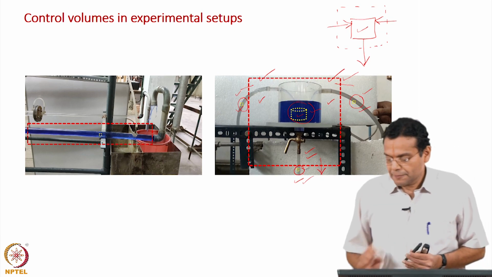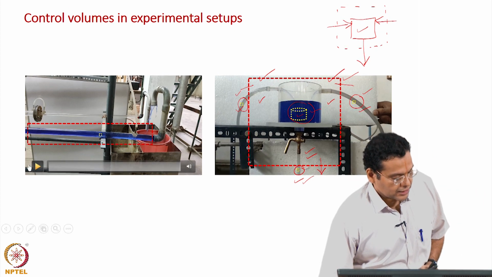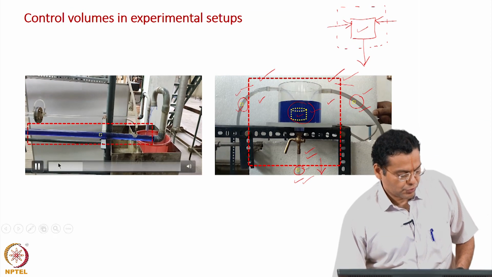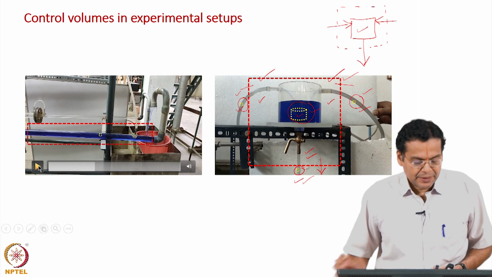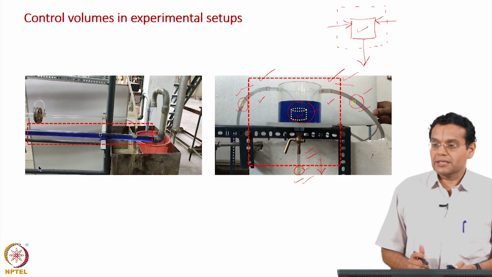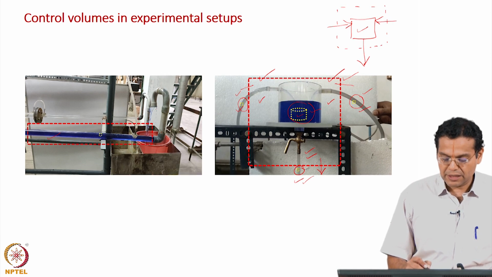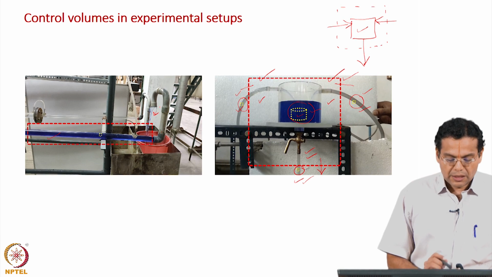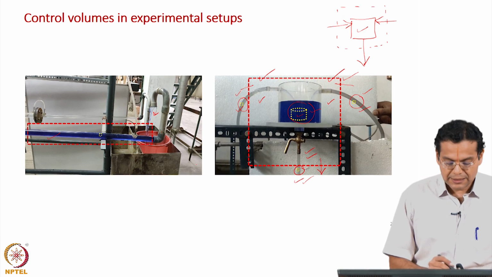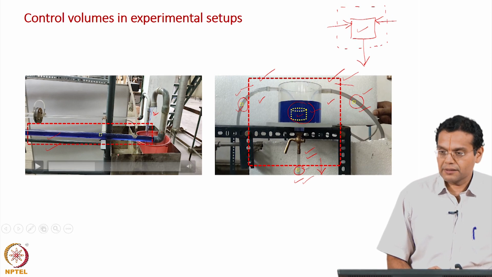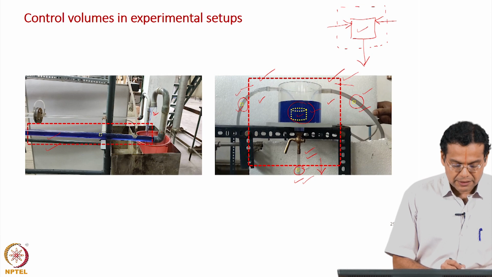Okay. Now, the setup shown here is a simple flow through a pipe, once again colored with ink for better visualization. What is shown here is a pipe, and then the water just rises and then falls here. Now, my control volume, just like in this case, can be the entire region, the bigger red rectangle, and I can analyze the fluid flowing through this region.